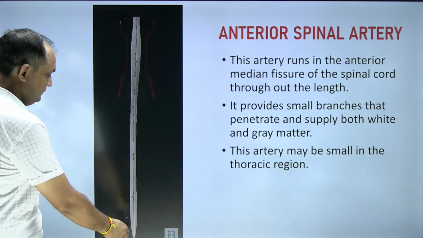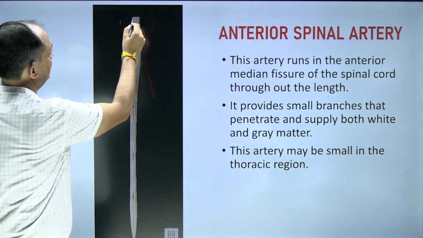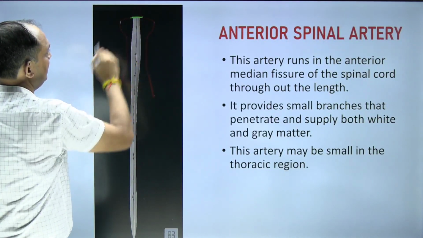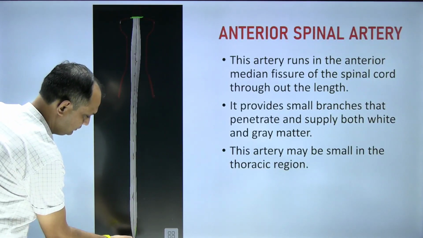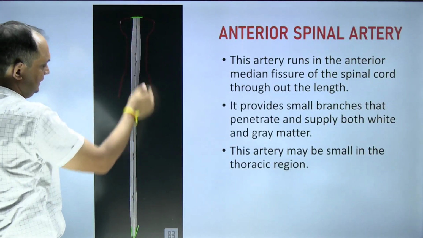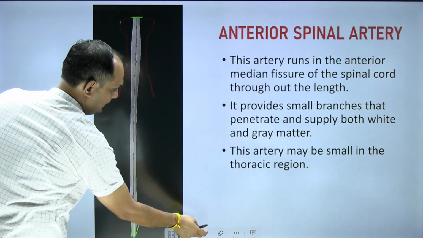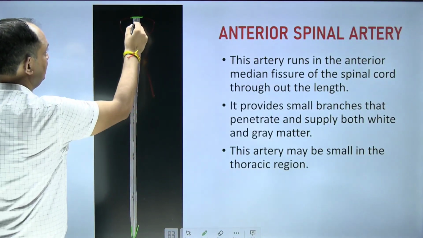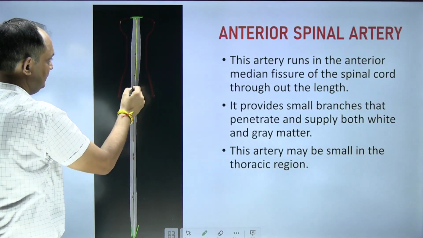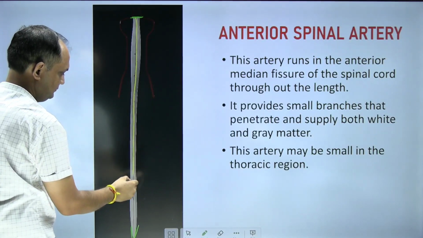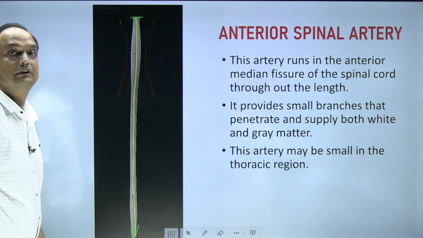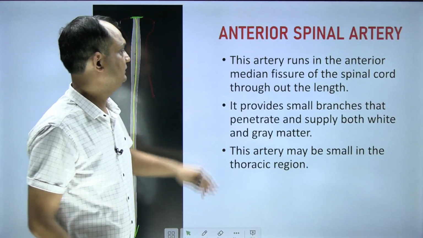That means, if you see this spinal cord, this is the upper end and this is the lower end, or the conus medullaris, and you will find on the ventral surface in the whole length this line, which is your anterior spinal artery, present in the whole length of the spinal cord. So, this is one thing.